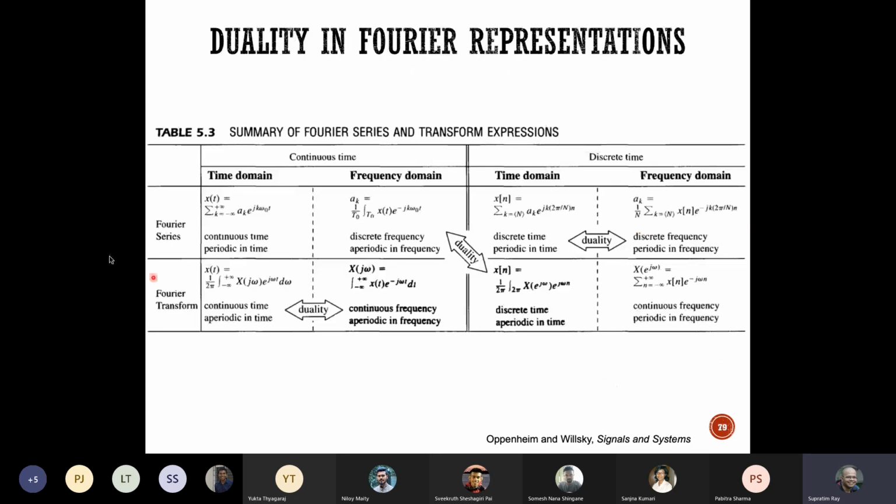If you have a signal that is periodic in time with a period of N, its frequency domain representation also has N terms, going from 0 to N minus 1, given by this, and it's a cyclic convolution. So this summation here is over N intervals, N samples. This we had done a long time back.